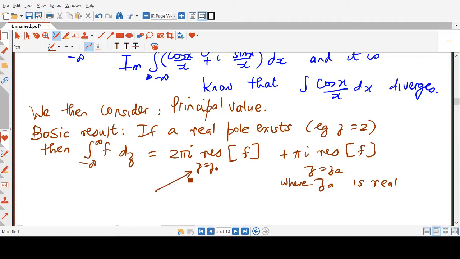So this is the normal complex part, complex zeros. This part here is for real zeros.